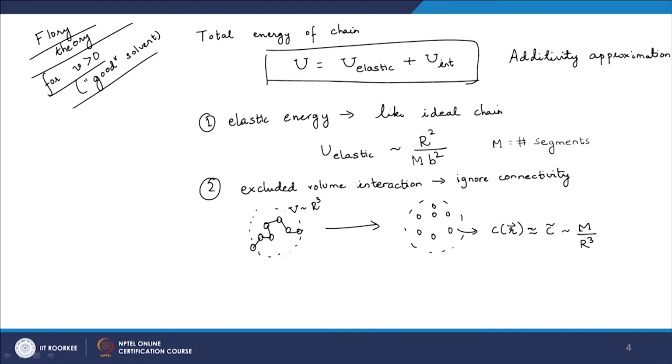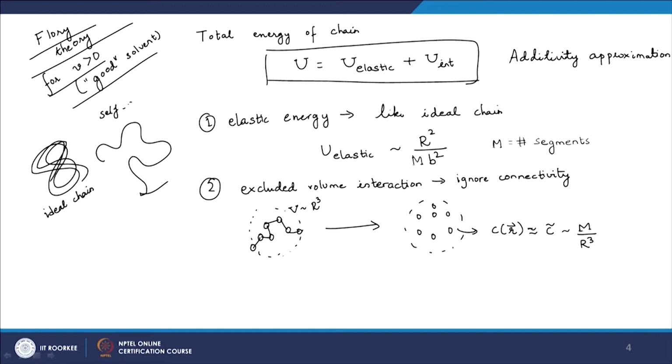Before we go further, let us look at what sort of errors we are making here. As I already said, an ideal chain and a self-avoiding walk, or a good solvent chain, differ in the stretching of the polymer chain, and in the case of the self-avoiding walk, which I will abbreviate as SAW, we can expect that the chain is more stretched.